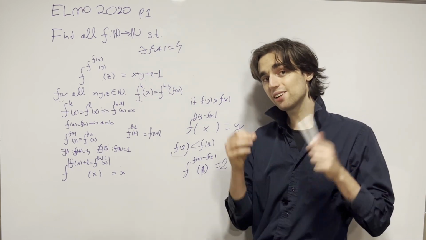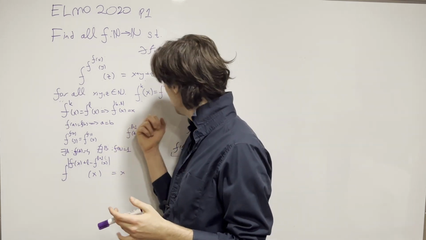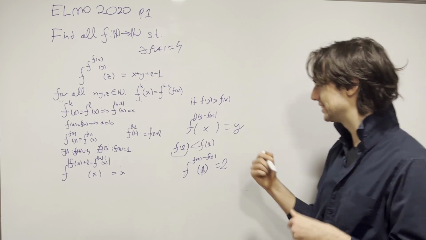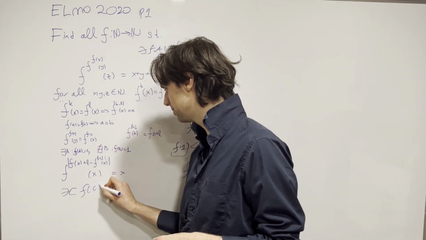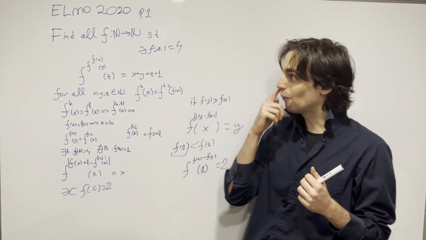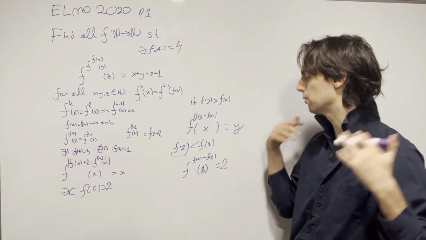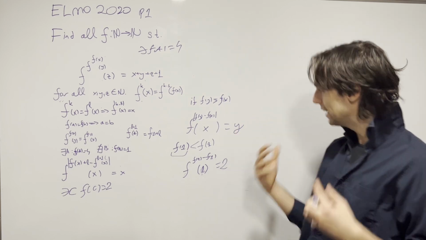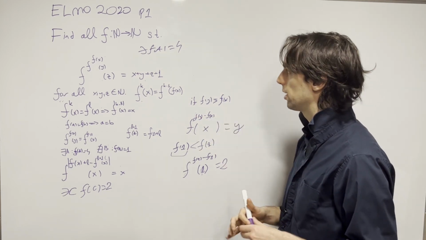So not only is there an a such that f of a is 4, but there also exists another number, there exists a c such that f of c is equal to 2. Why do I want to get to 2? I want to get to the point where I'm not applying this function over and over and over again, right? That's what I want to get to. Actually, there should be none of these here.